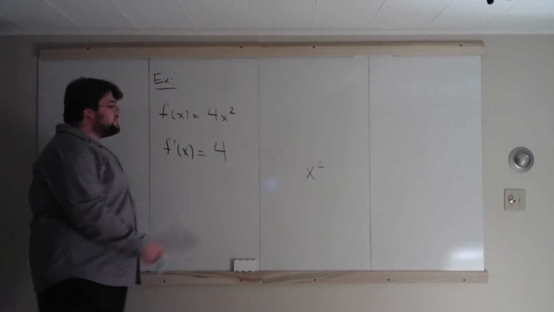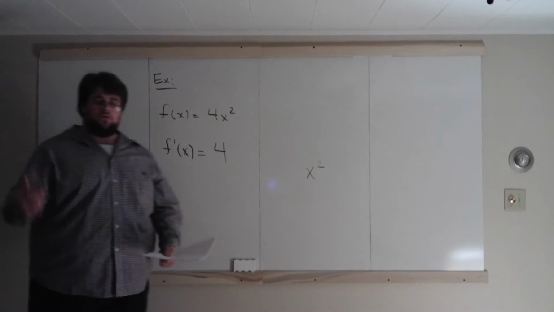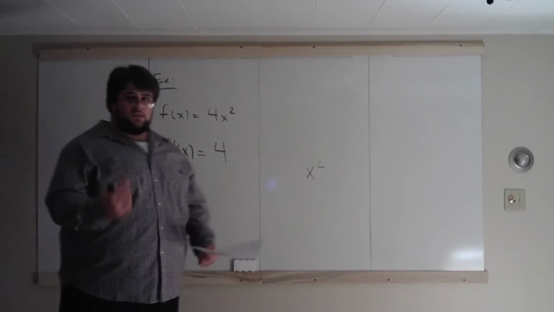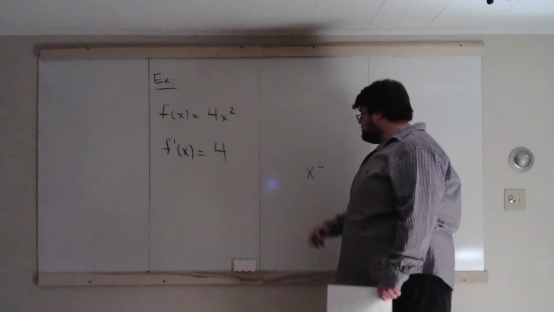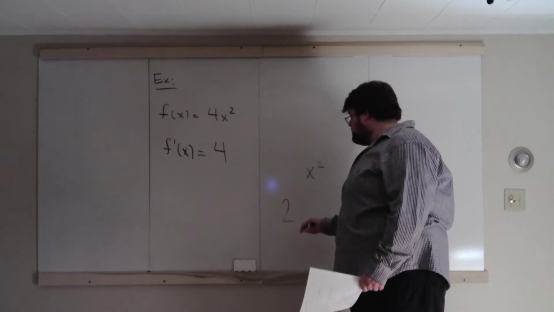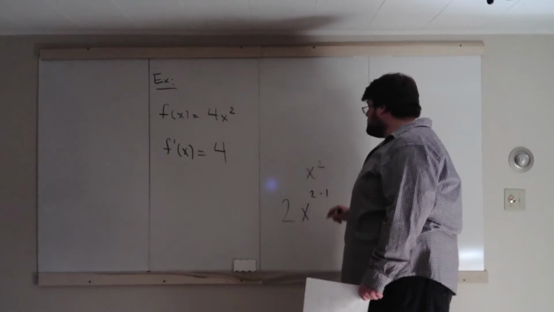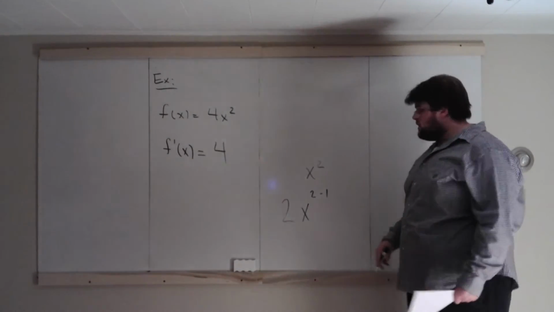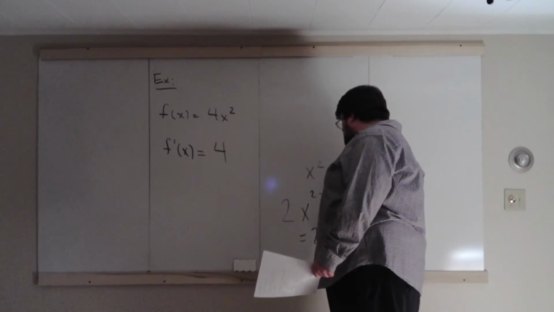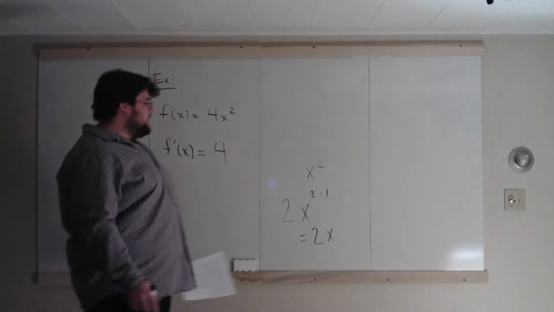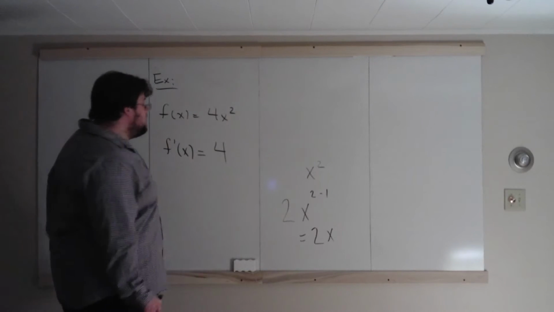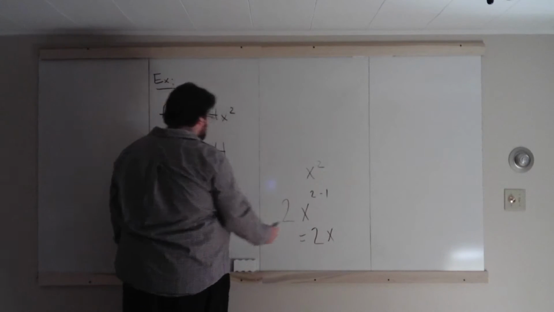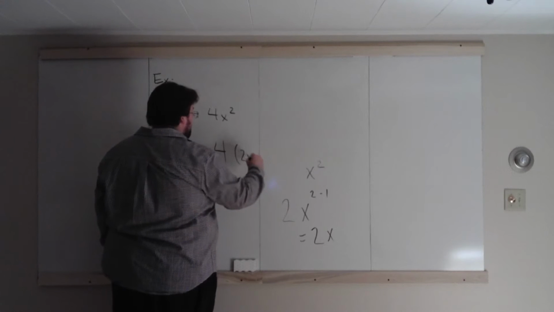We would use rule 2, the power rule. x to the n with n equal to 2. On the power rule, the derivative is 2, x to the 2 minus 1. Well, 2 minus 1 is 1, and x to the 1 is just written as x. So 2 times that is 2x.